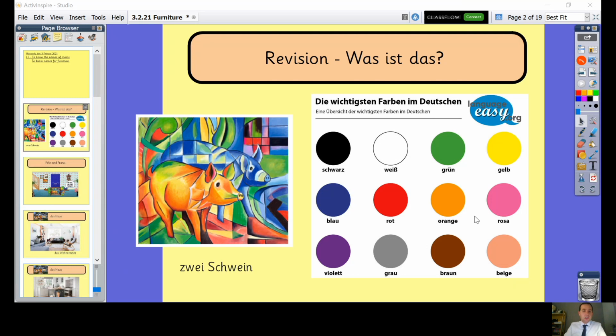And when we were using it to describe zwei Schweine, we had, remember, our different names for the different shapes. So das Oval, die Dreiecke, das Rechteck, das Quadrat. Remember what they were. You need to pause the video, just have a think.